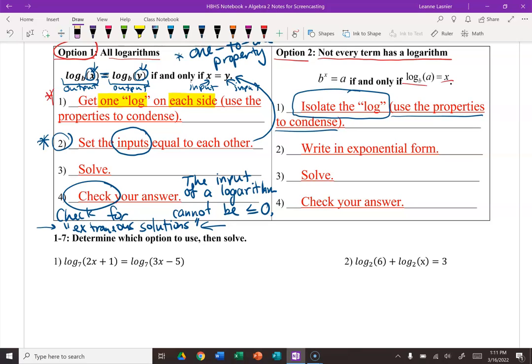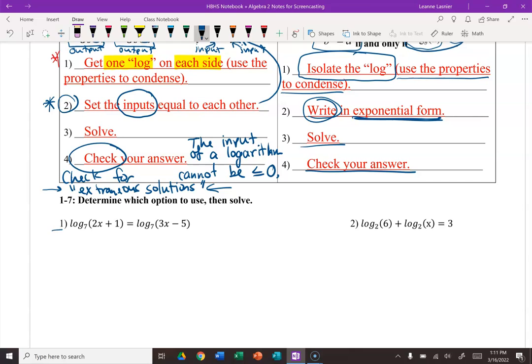And then once we have an expression that looks kind of like this, a log on one side and then something on the other, we're then going to rewrite it into exponential form like this, and then be able to solve for whatever we're looking for. So then we'll solve, and then of course we'll check our answer to make sure that there are no extraneous solutions. So let's go ahead and try that with number 1.